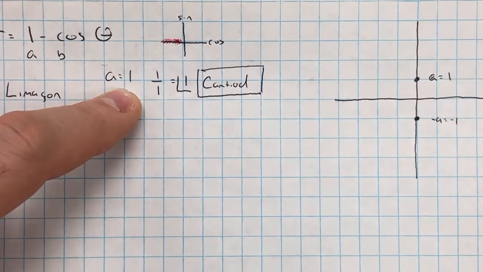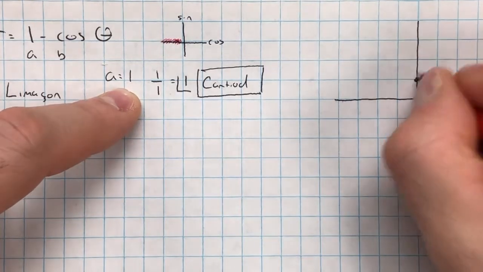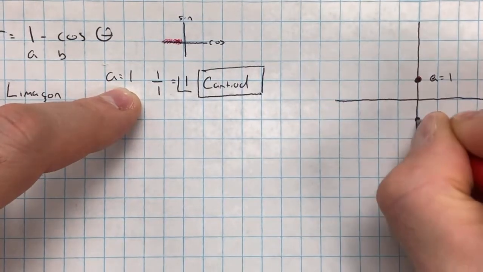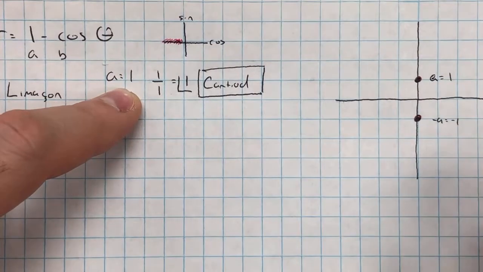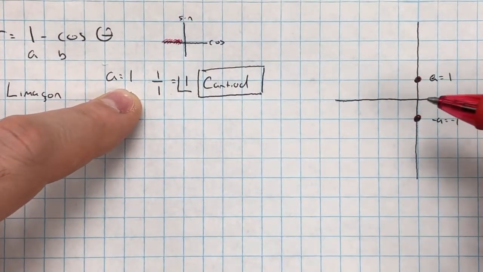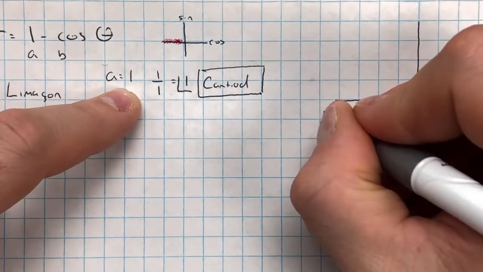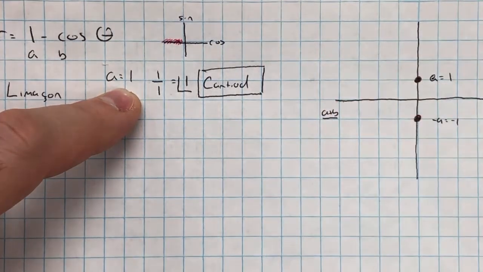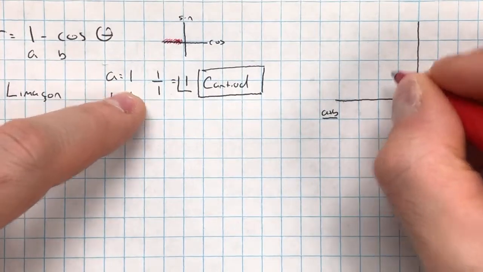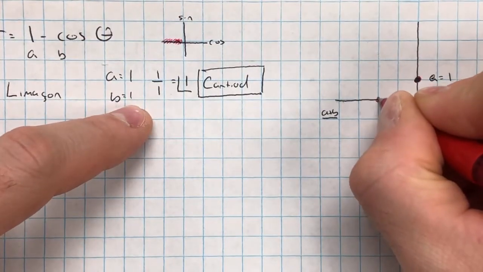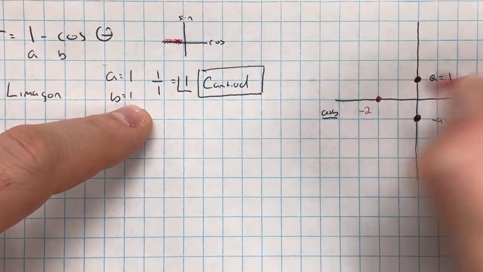So I have these 2 points on my graph, and I'm actually going to do these in red. I also know I go out a total distance of A plus B, which is right here, negative 2.